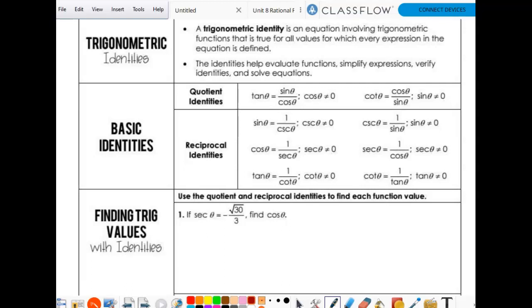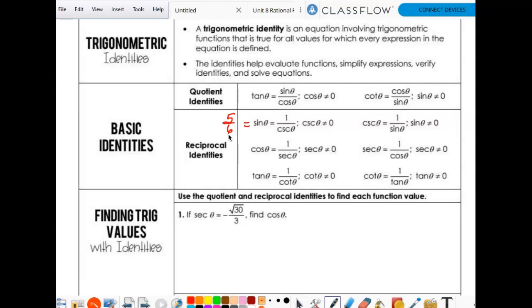Okay, so the other thing I want to tell you is, if I told you that the sine is 5 over 6, and I asked for the cosecant, it is 6 over 5.